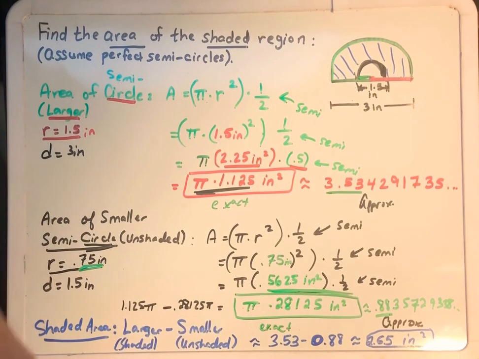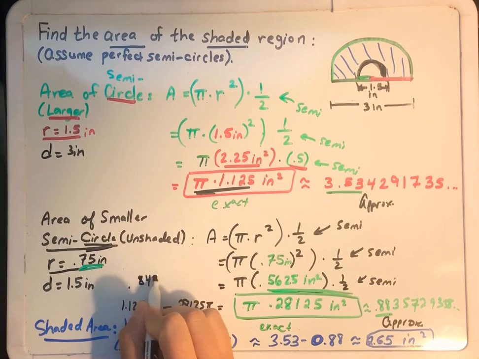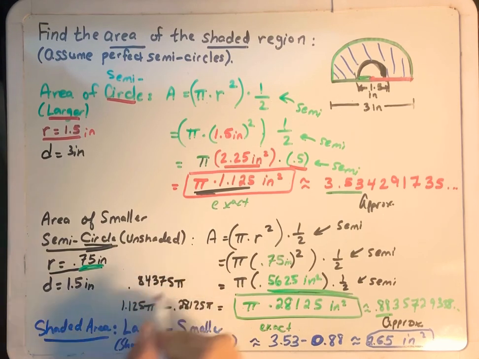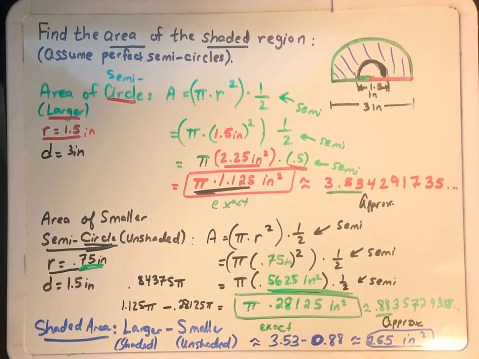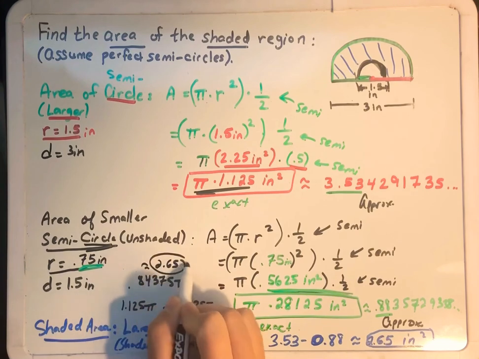Notice that those are both pi's, so you could technically subtract 1.125 minus 0.28125, and it leaves me with 0.84375 copies of pi. If I multiply that by pi, I get the same thing, approximately 2.65.